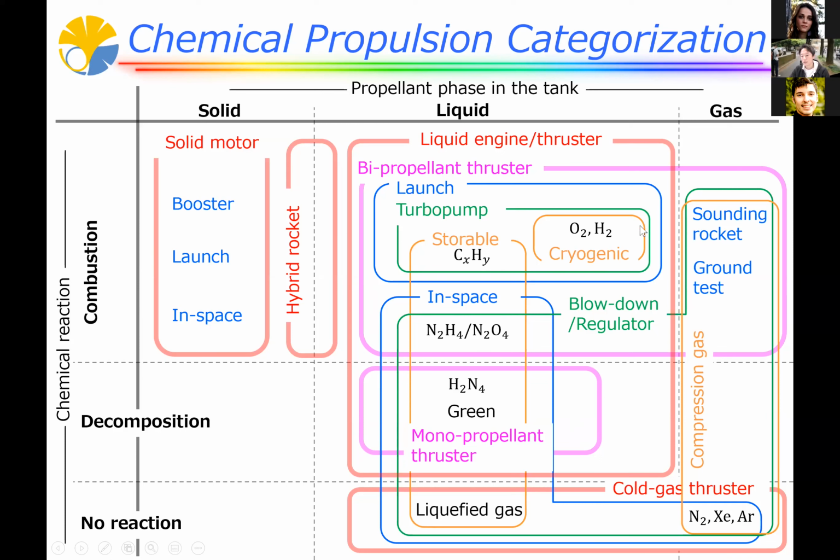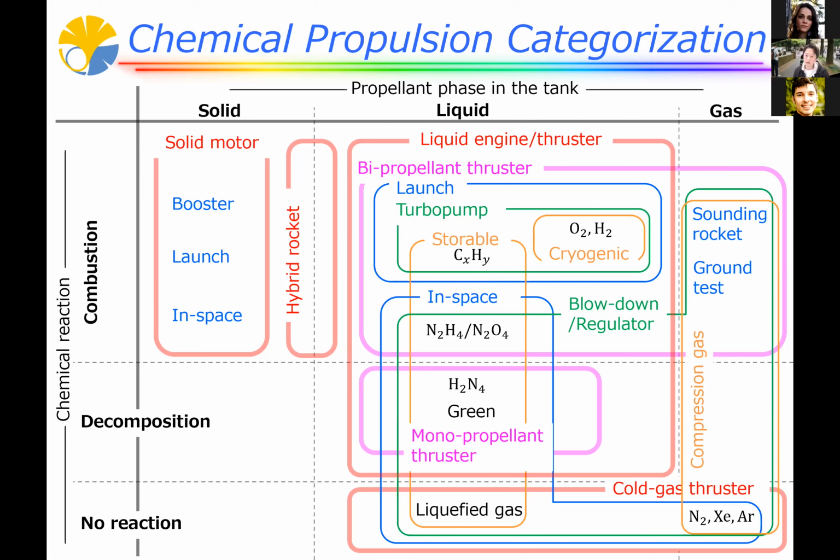This green is the propellant feeding method: turbopump, blowdown, or regulator. And these orange rectangles mean the property of the propellant: storable propellant, cryogenic propellant, or compressed gas.